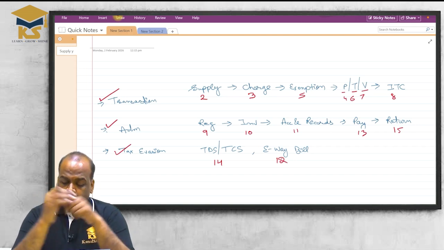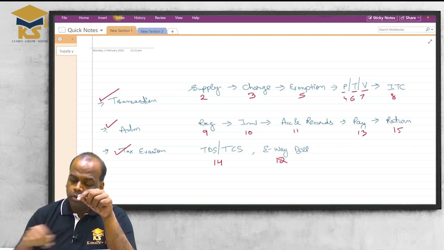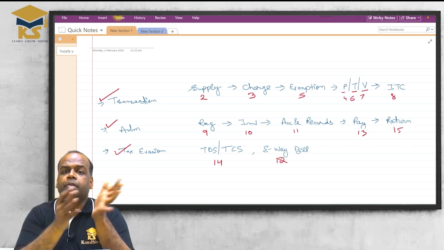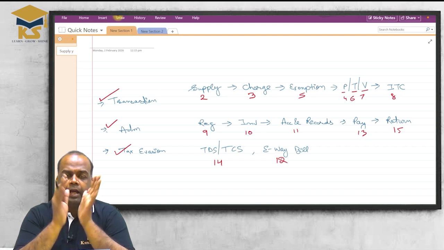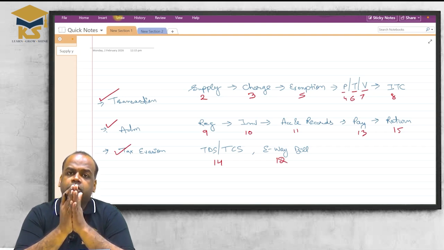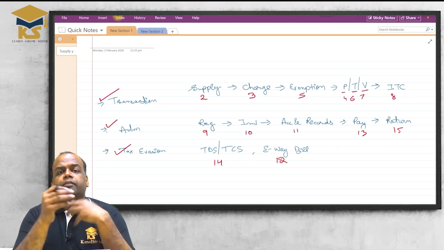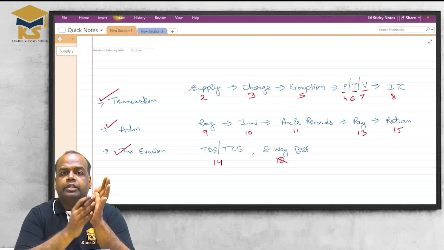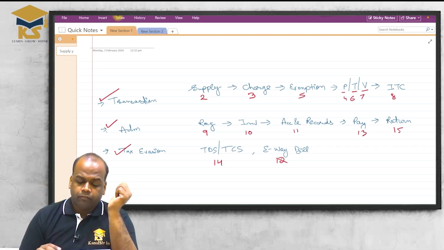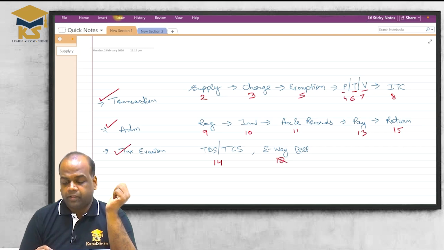Okay. So I think you can see all the chapters are covered here except chapter number 1, which is introduction. We are going to take this chapter first because it will help us get familiar with the GST law. So after introduction, we will take supply, then chapter number 3 charge, then we will take exemption.